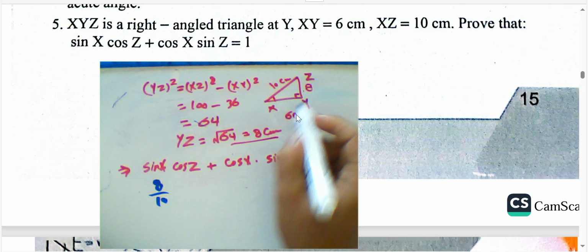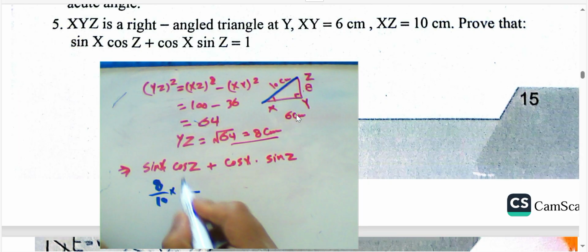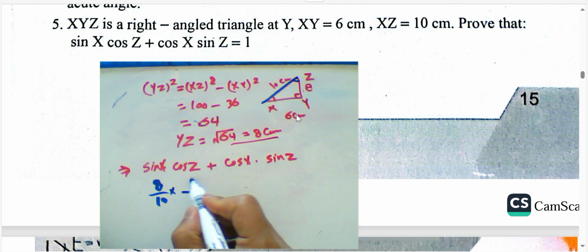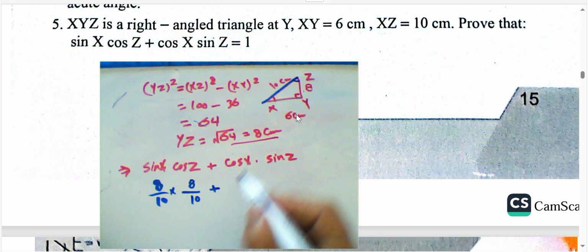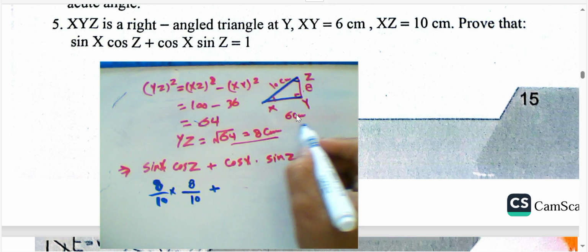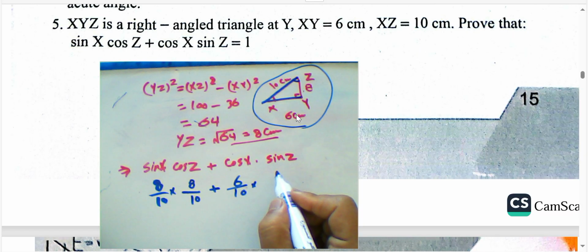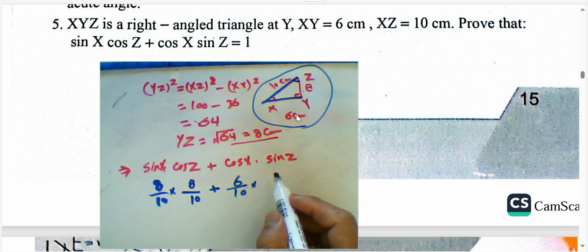Opposite over hypotenuse, and product by cosine Z. We have angle Z, cosine is adjacent over hypotenuse, 8 over 10. Plus cosine X, cosine is adjacent over hypotenuse, 6 over 10, product by sine Z, opposite over hypotenuse, 6 over 10.